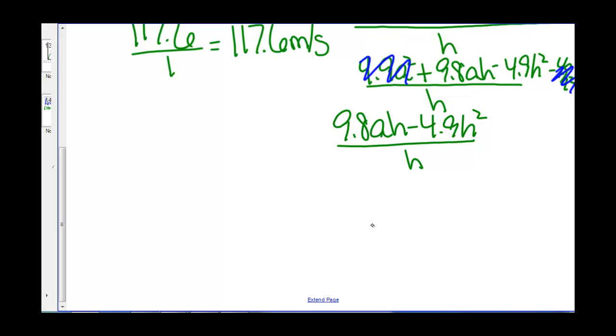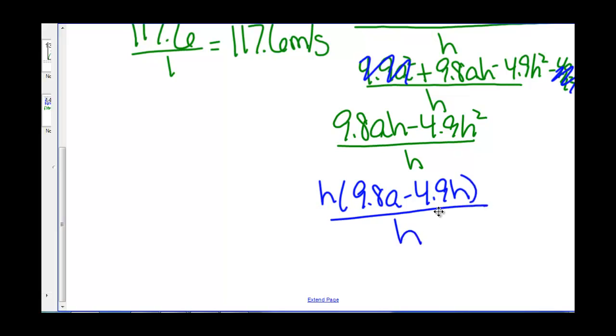And we can factor out an h. So h times 9.8a plus 4.9h all over h. So that cancels out an h, and we're left with 9.8a plus 4.9h as our final answer.